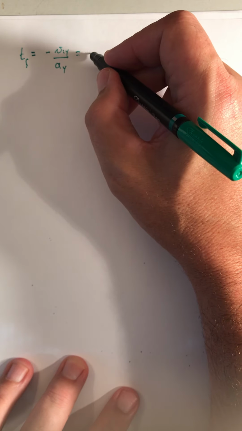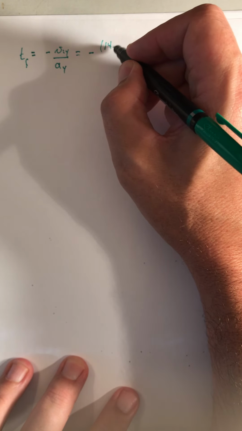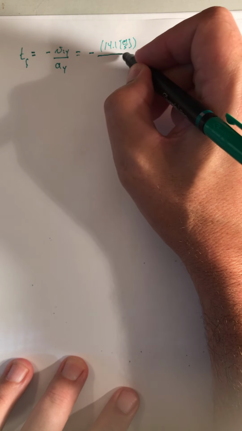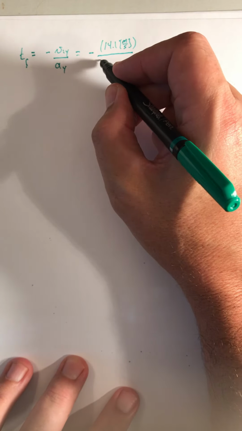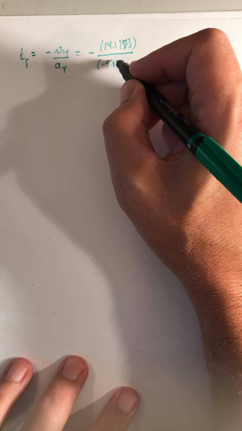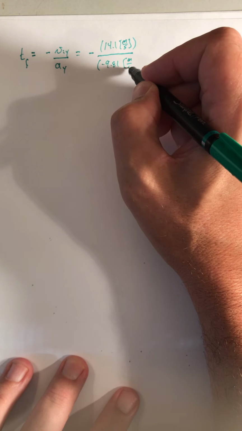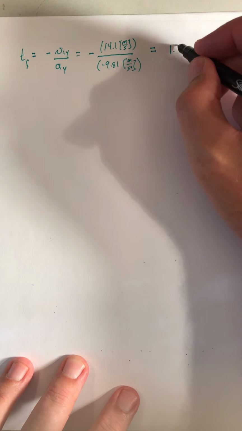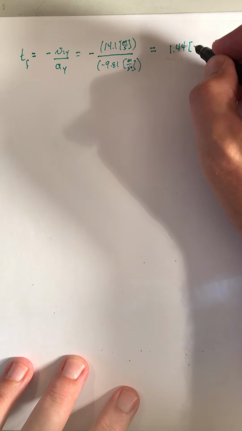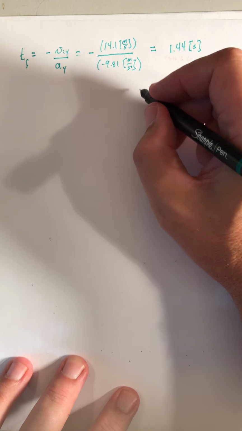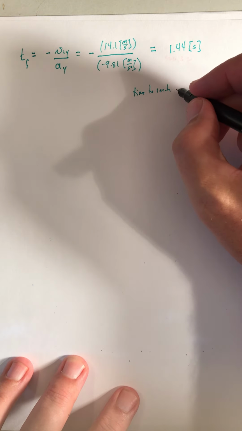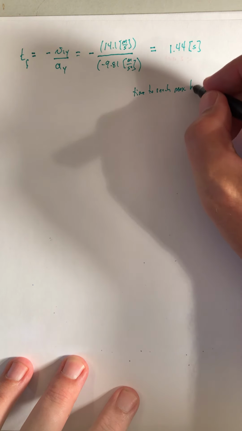So I'm going to have minus 14.1 meters per second divided by minus 9.81 meters per second squared, and that gives me plus 1.44 seconds. So that's the time to reach maximum height.